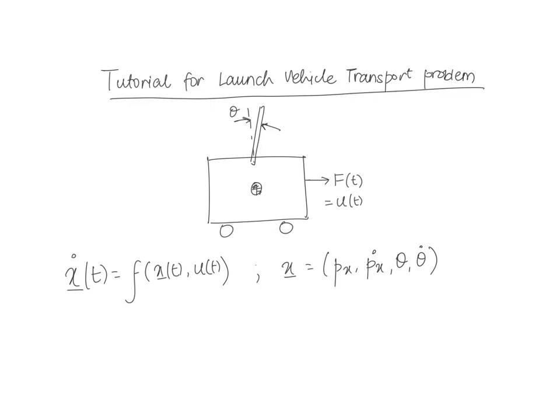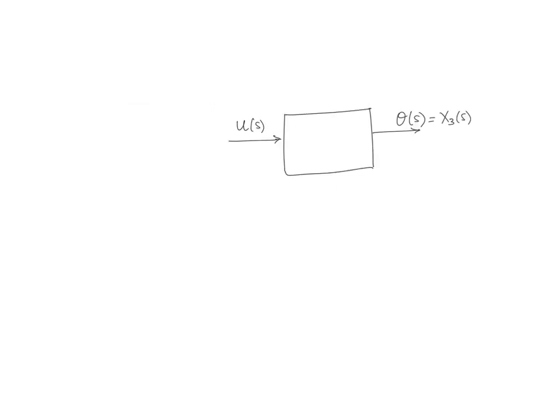For this model, I asked you to come up with a transfer function from the input u to theta, the angle. If you did it right, you should have gotten something that looks like this: a1 s squared over s squared multiplied by s squared minus a2 squared.